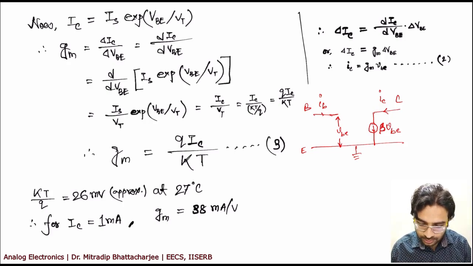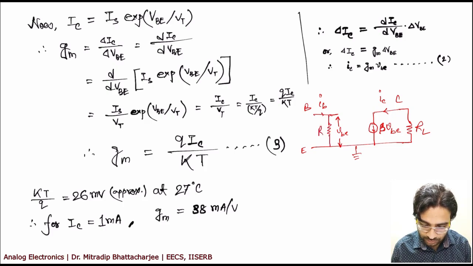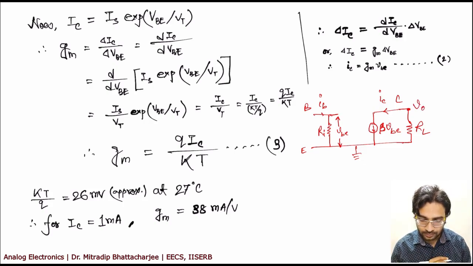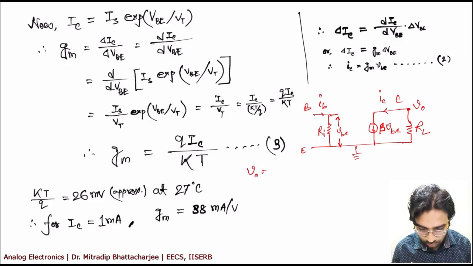Now let us put an output resistance RL, and let us put an input resistance as well, RI, and here is your output voltage V0, right? So what will be V0? V0 is equal to minus IC into RL.